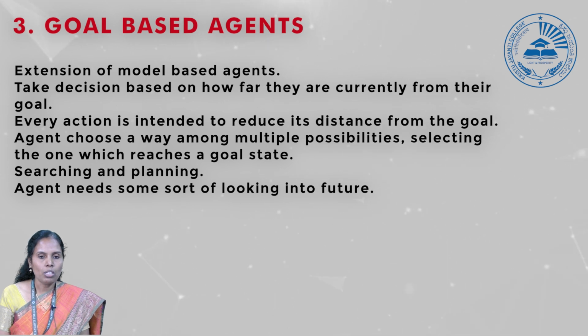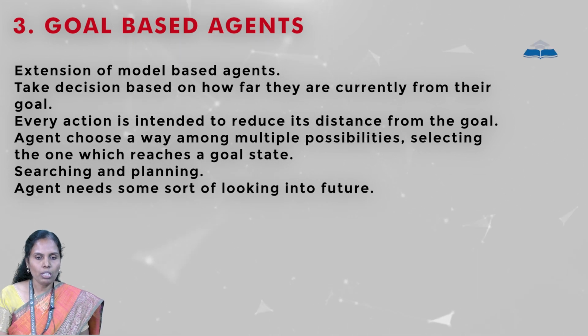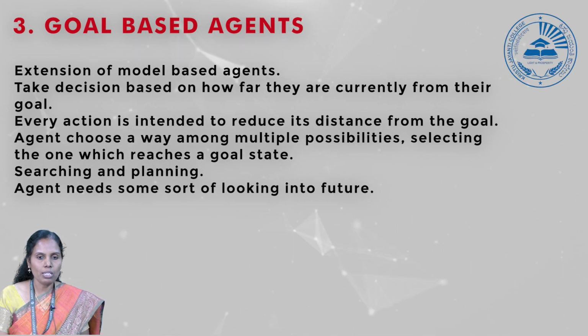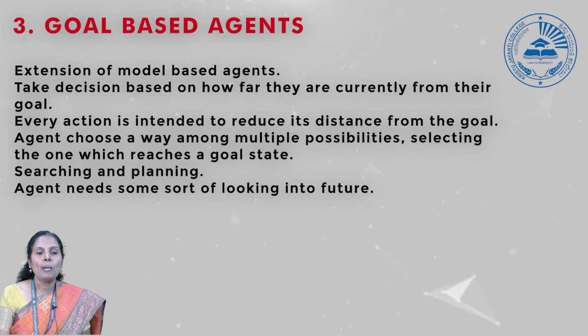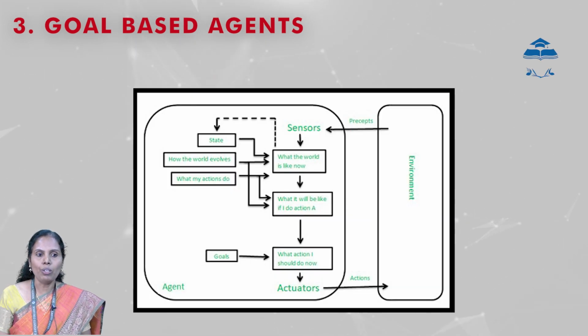That is the goal: we have to reach the particular place. So we have to find out what the ways are and what the shortest distance is. We need to find out what possible routes are available. From among the many routes, we have to select one route and reach the goal.